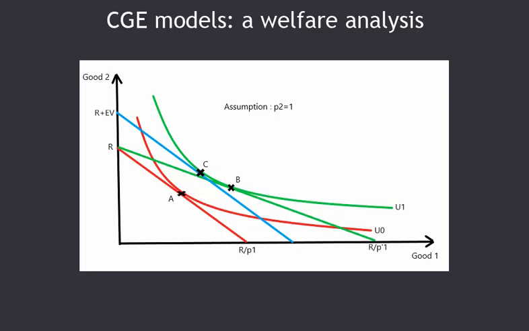I repeat, EV is the supplement of income such that the consumer is indifferent between first a situation where he has this income R plus EV and faces the initial prices, and a situation where he has an income R and faces the final prices. So EV is a monetary measure of the welfare gain that the representative agent derives from the price decline.